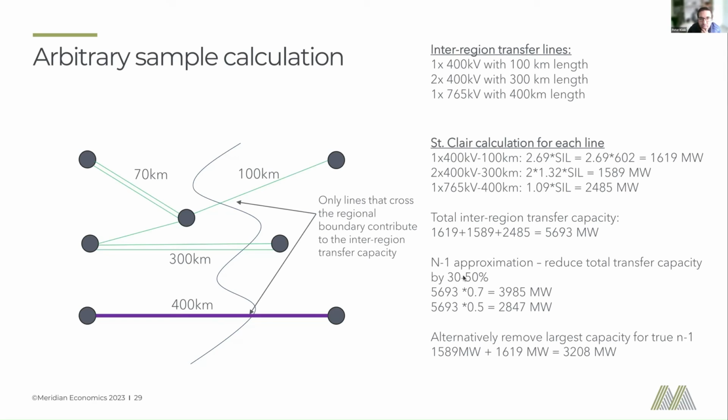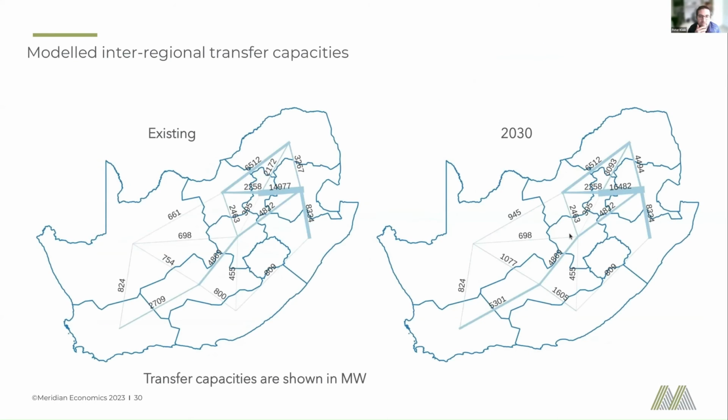In that case, we've been applying a derating. But for the 10 node model, we've been knocking out, so just removing, the largest line between two regions as a different approach to n-1. So you can see how the calculated transfer capacities would be between different regions.